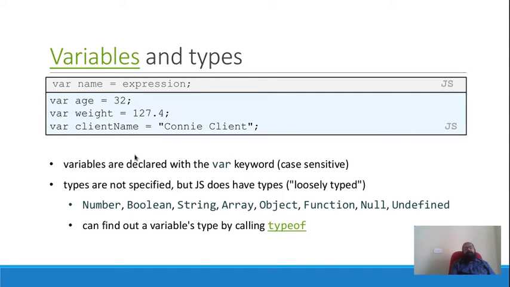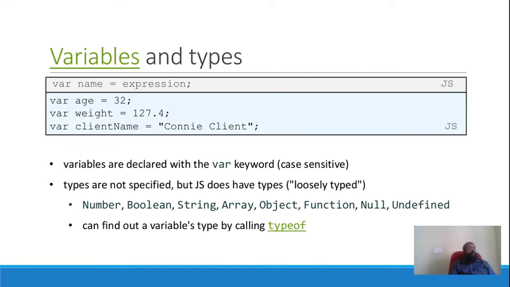Variables are declared with the var keyword, and variable names are case sensitive. So you have to use client with capital NAME; if you want to use the variable again, you cannot use a small n. Types are not specified, but JavaScript does have types internally; it is a loosely typed scripting language.